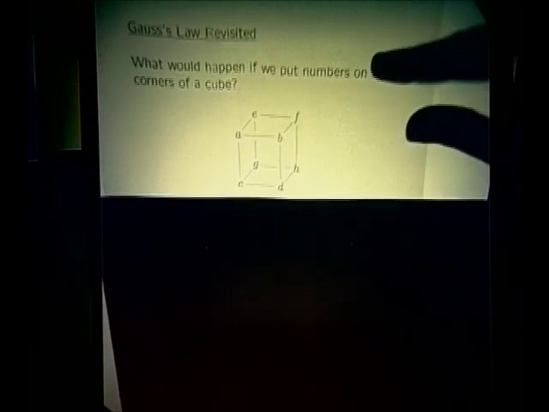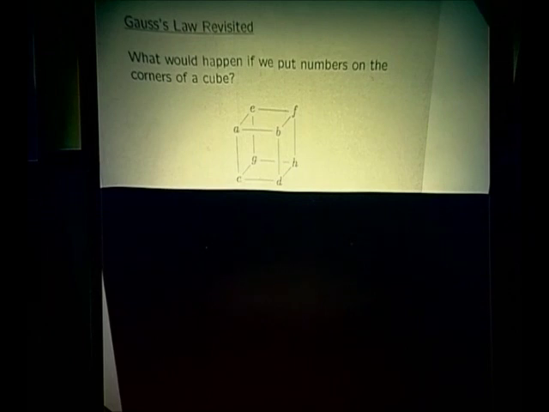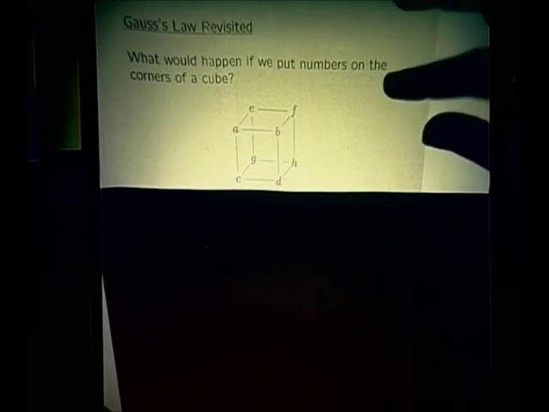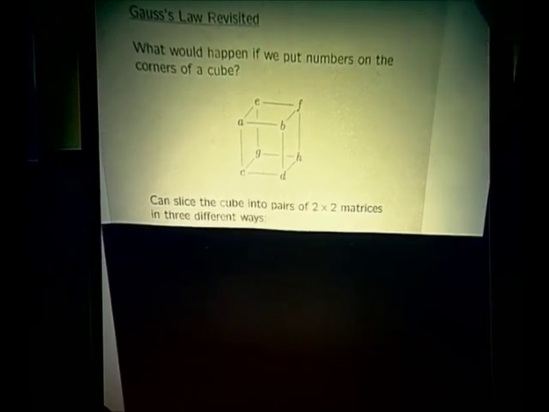When one has a 2 by 2 by 2 matrix, then one can slice. Let's consider A, B, C, D, E, F, G, H to be integers. And what would happen if you slice the cube into pairs of 2 by 2 matrices? If you have a 2 by 2 by 2 matrix, you can slice the cube on any of the 3 planes of symmetry to get two 2 by 2 matrices.